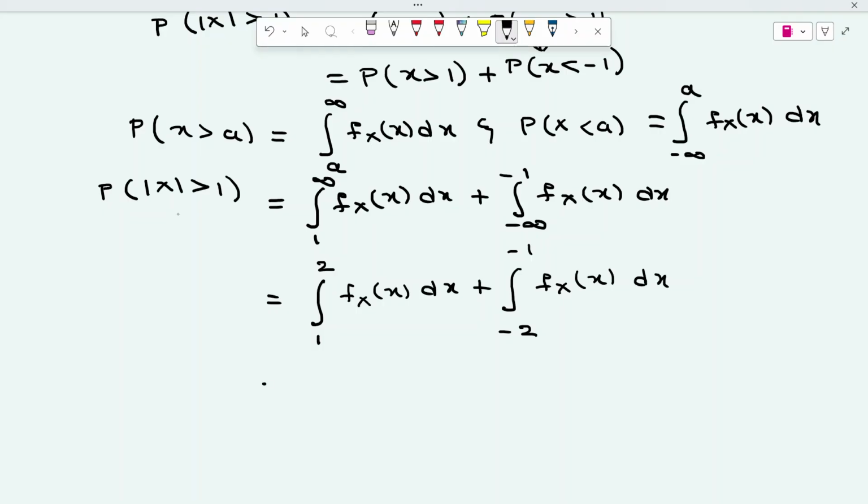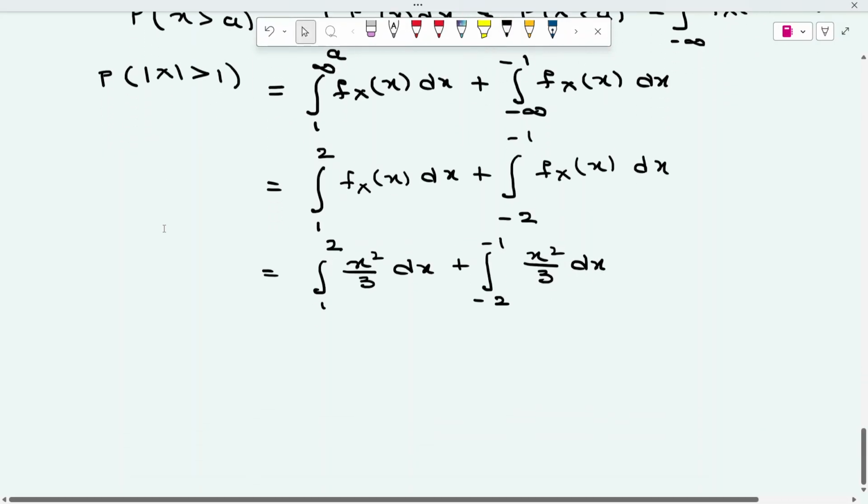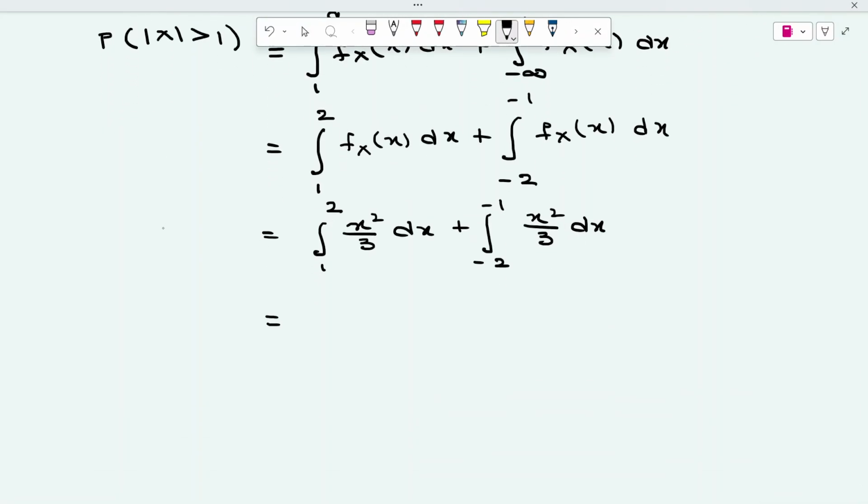Now substitute the density function: integral 1 to 2 of x square by 3 dx plus integral minus 2 to minus 1 of x square by 3 dx. Now integrate this, so it will be x cube by 3 into 3 between the limits 1 to 2 plus x cube by 3 between the limits minus 2 to minus 1.